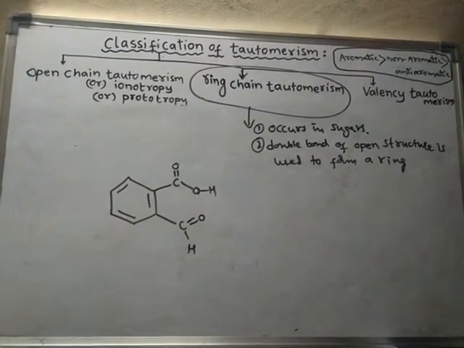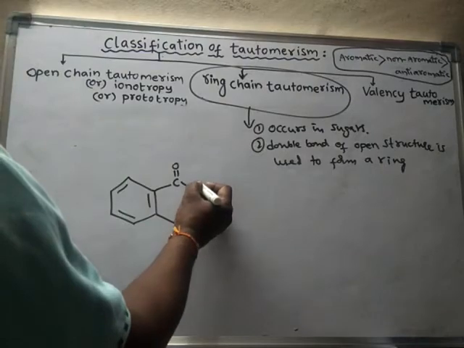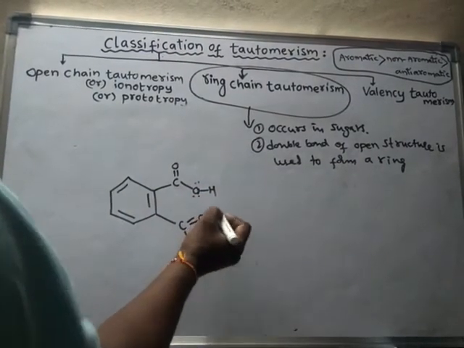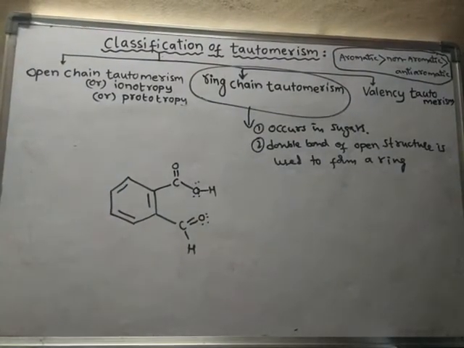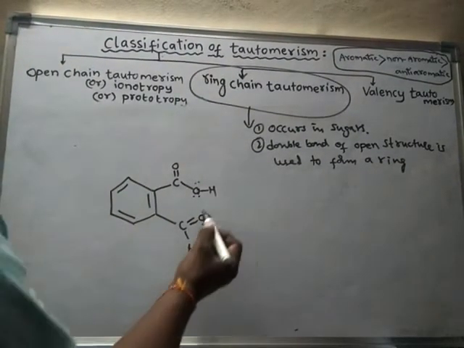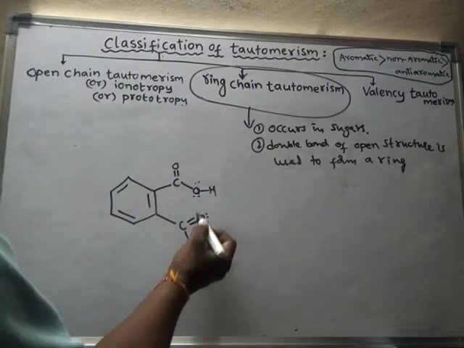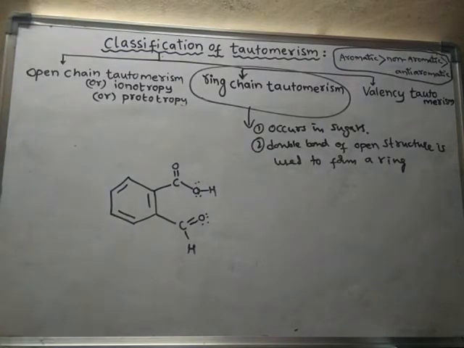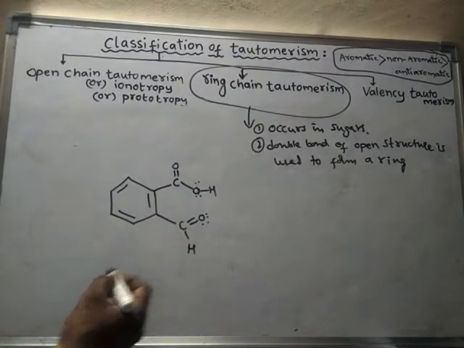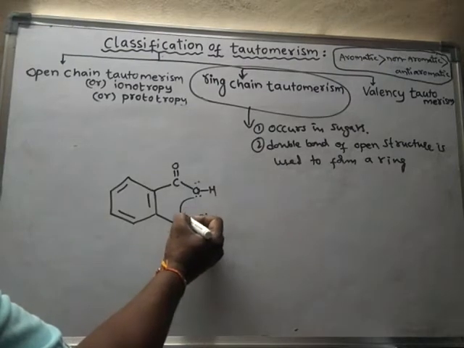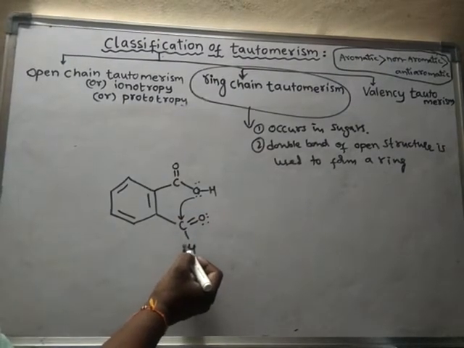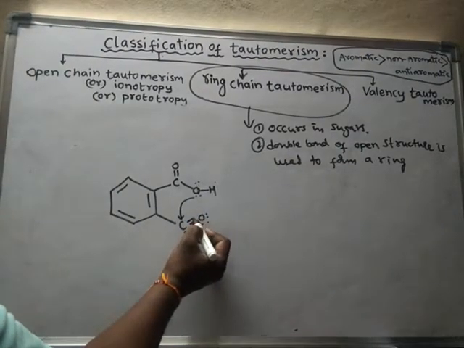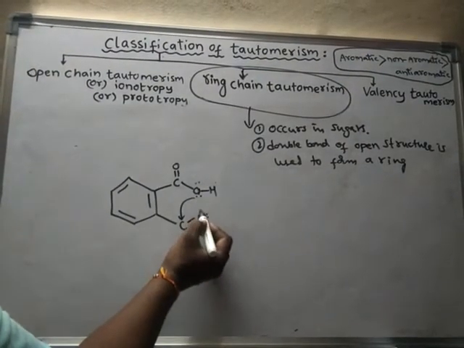See, in this oxo carboxylic acid, what happens? Actually there are two lone pairs of electrons on these oxygen atoms. See what happens? This lone pair here is shifted here on this. Now this double bond will open to form a bond.